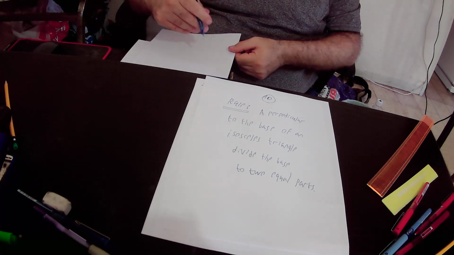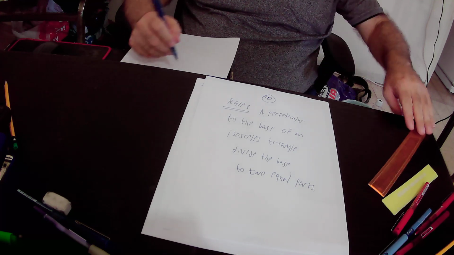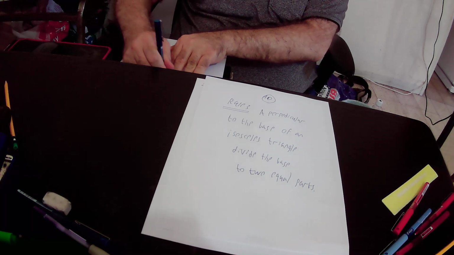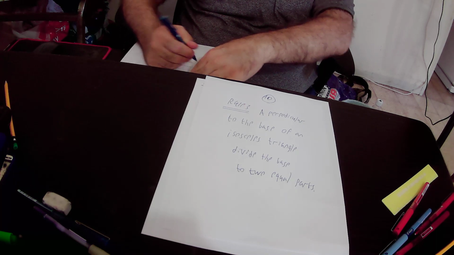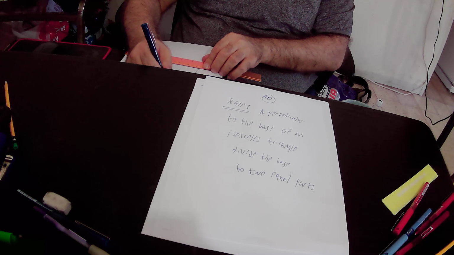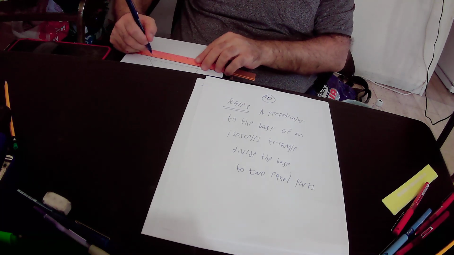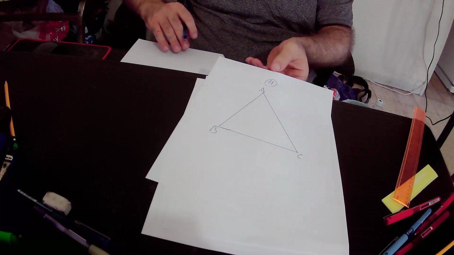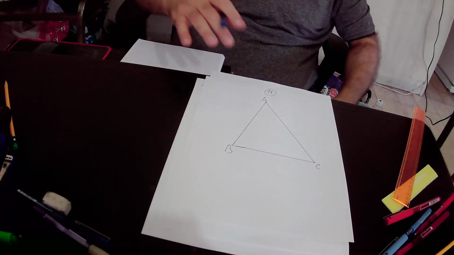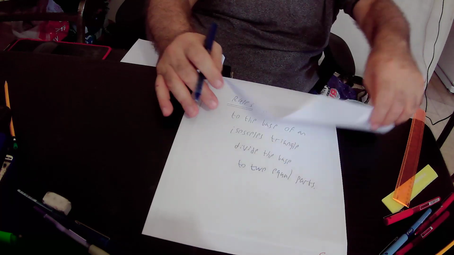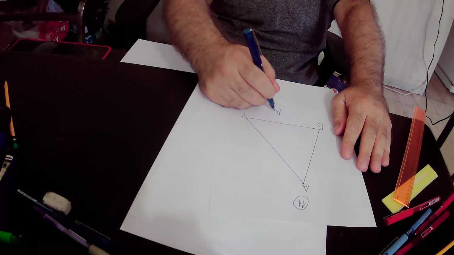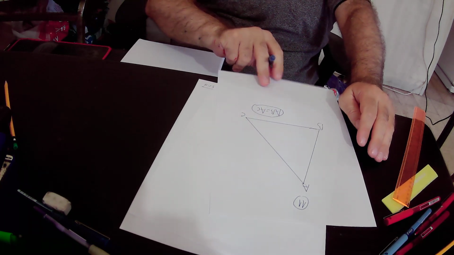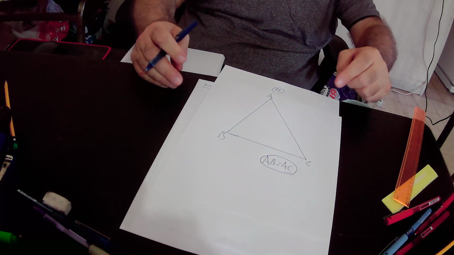So I will explain rule number 3. If we have an isosceles triangle, triangle ABC, that is to say AB equals AC, then the base of the isosceles triangle ABC is BC.